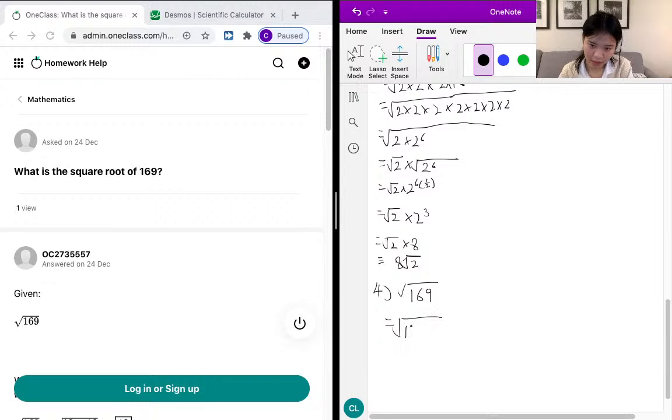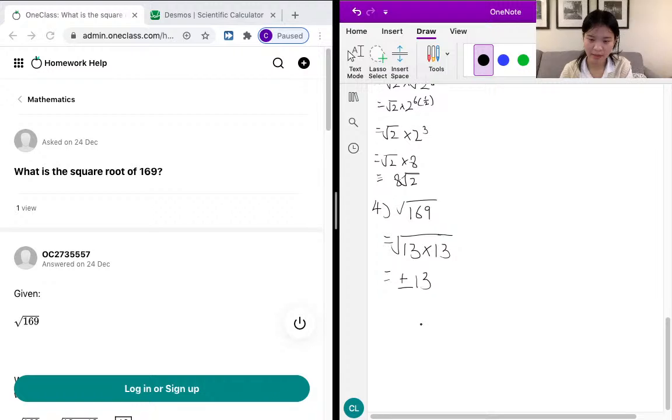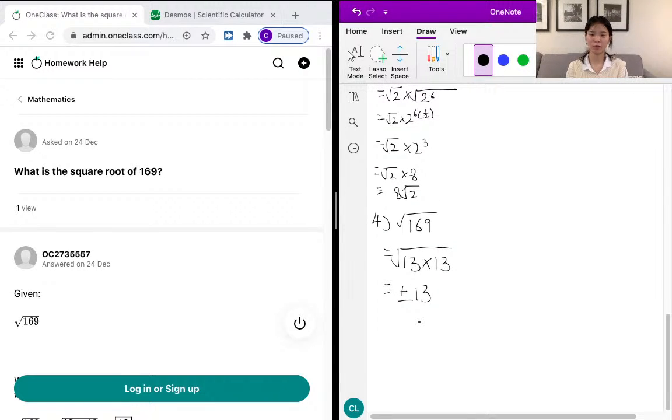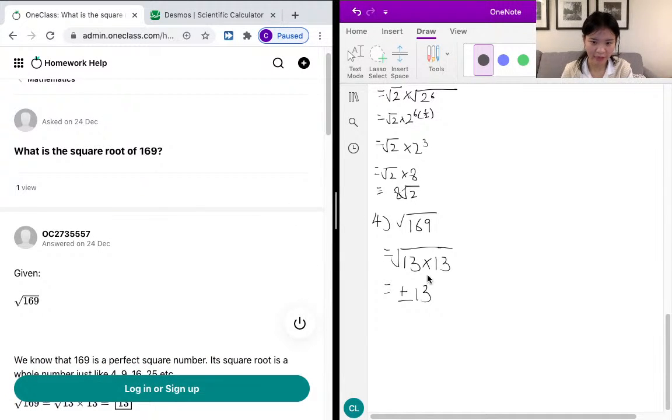Its smallest prime factor next to 1 is 13, and 169 is 13 times 13, so the square root of 169 is 13, and we want to do positive or negative 13, because negative 13 times negative 13 is 169, and 13 times 13 is also 169. So the square root of 169 is positive or negative 13.